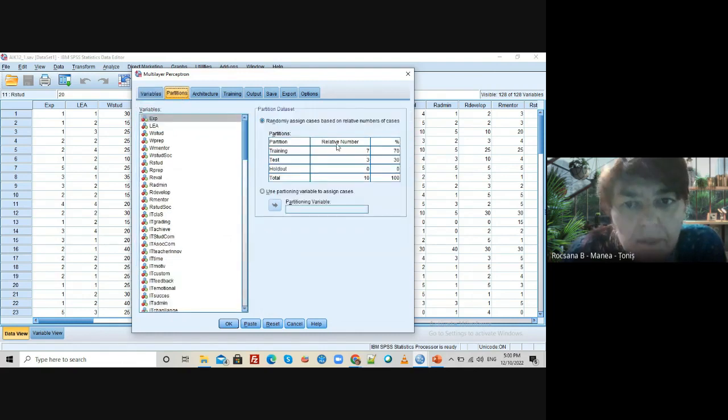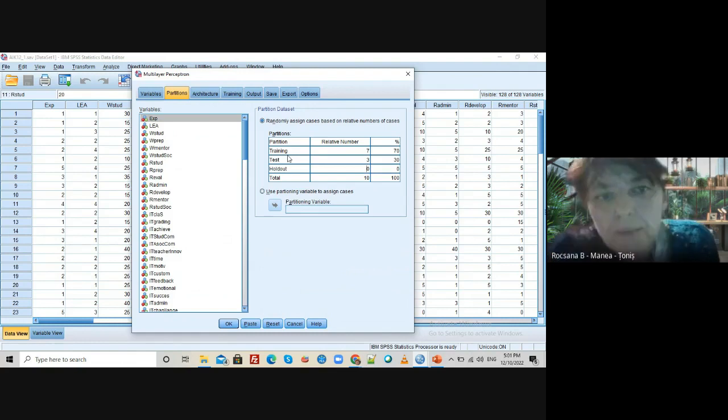Here in partition, we can use any proportion, but let's say, for example, 80 to 20, we have two layers, training and test. But most of the specialists in SPSS and neural networks say that 70% for training is the most appropriate measure, and 30% for test is okay.